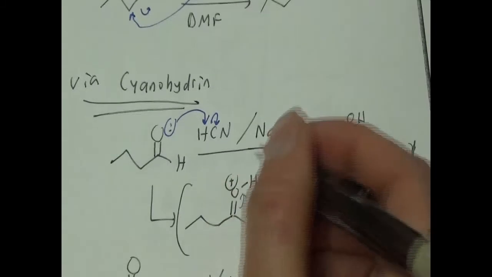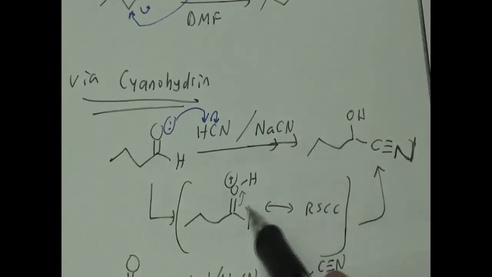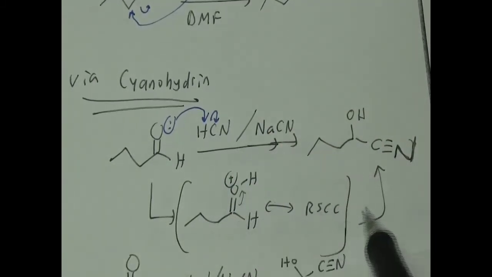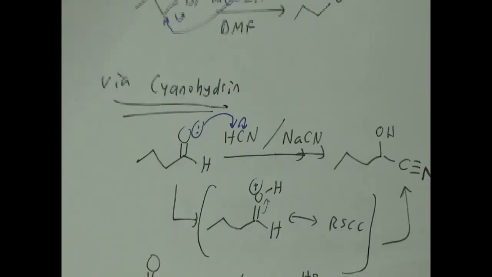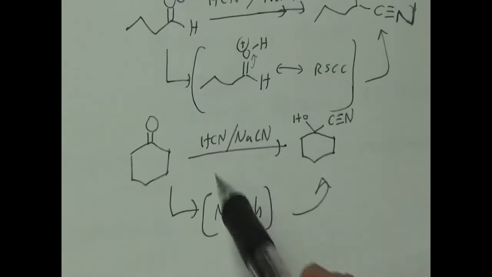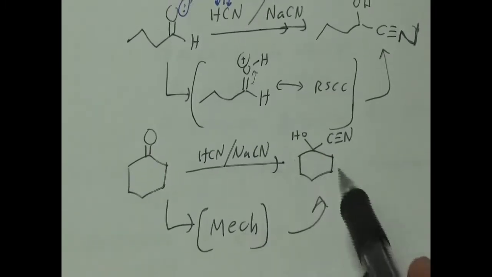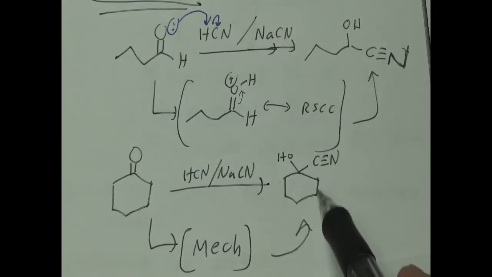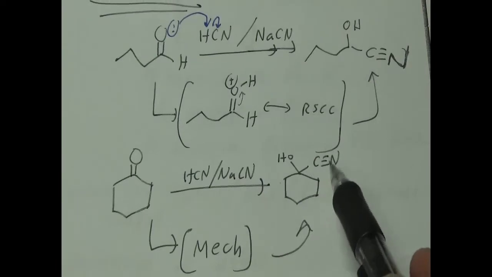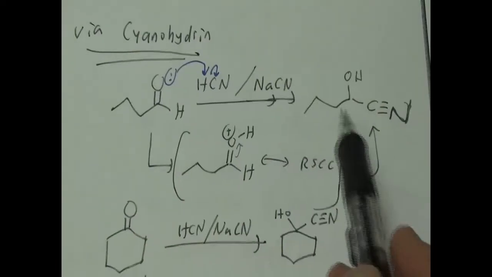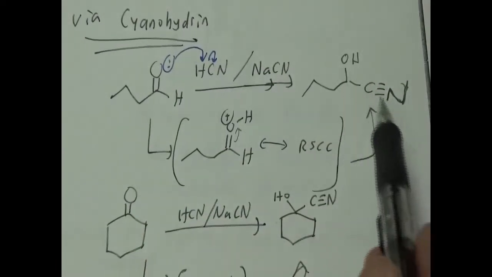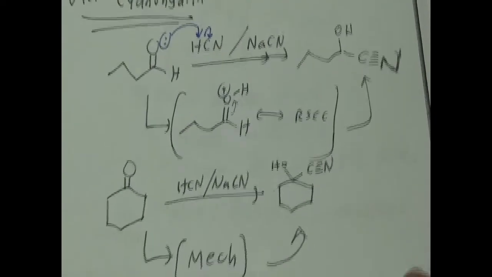I'm not doing this because we did it before, and then show the carbocation, and then CN minus just attacks it. Another example, cyclohexanone, the 6-member ring. Alcohol and nitrile. And these again are called cyanohydrins. Cyanohydrin is when you have an OH and a CN. Okay, so those are a couple ways to make nitriles that you are familiar with.